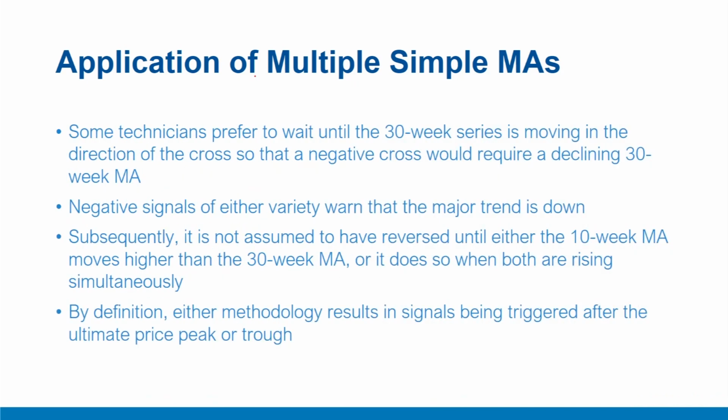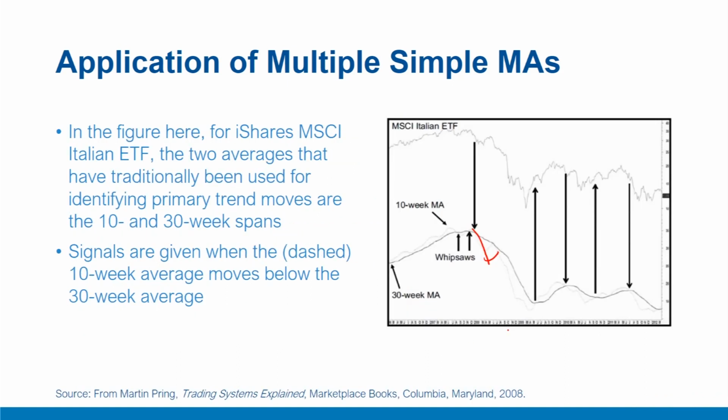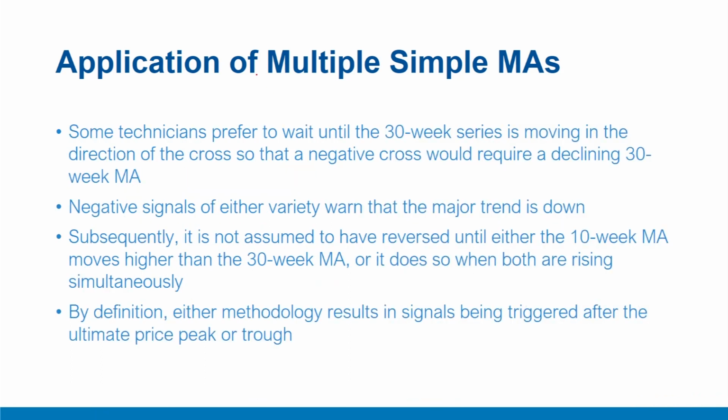In the previous diagram, some technicians may prefer to wait until the 30-week series is moving in the direction of the cross. That is, here it is also turning. The 30-week MA is also turning. So a negative cross would require a declining 30-week MA. Negative signals of either variety warn that a major trend is to the downside.